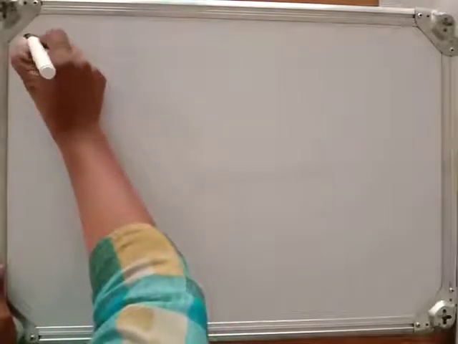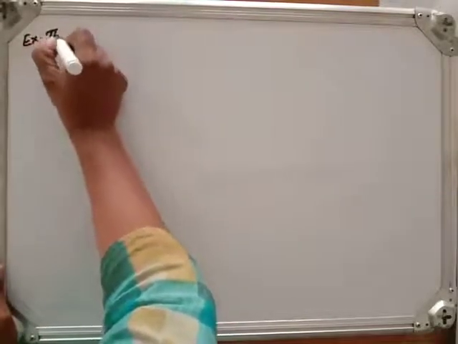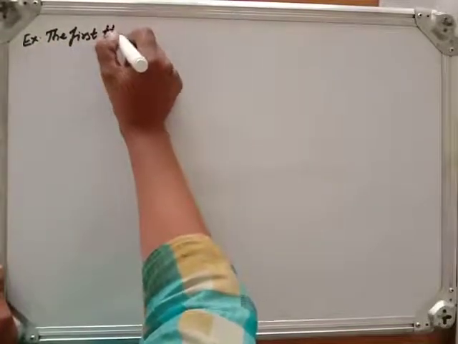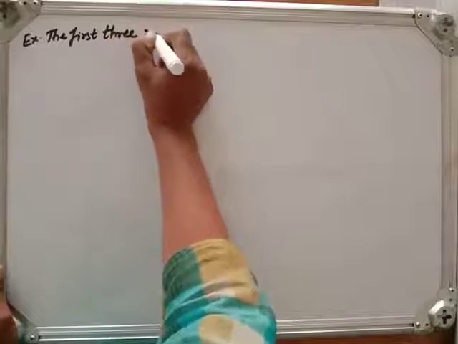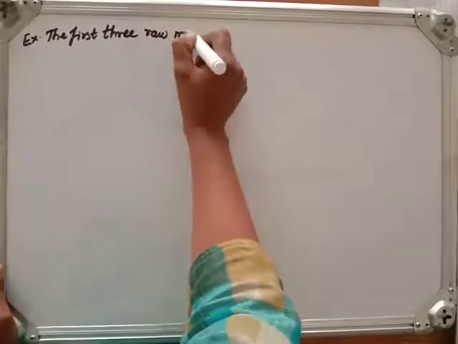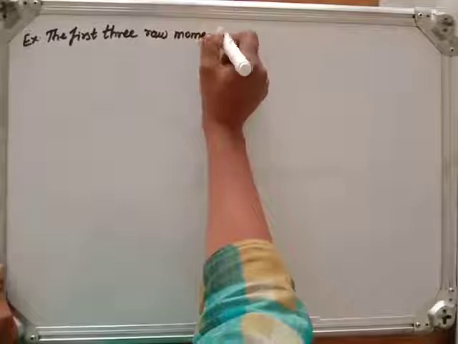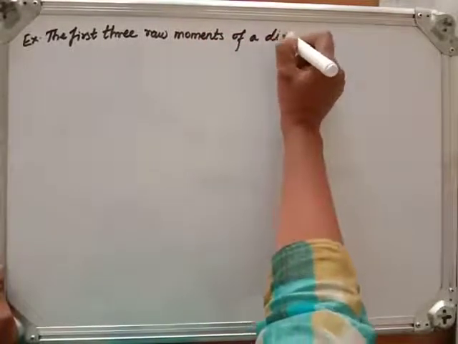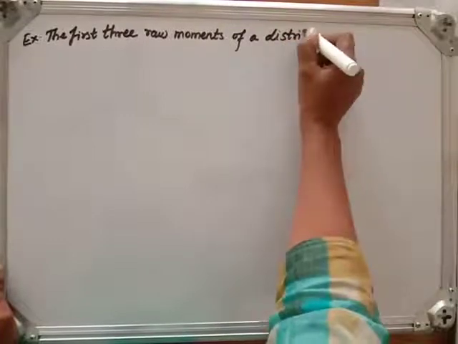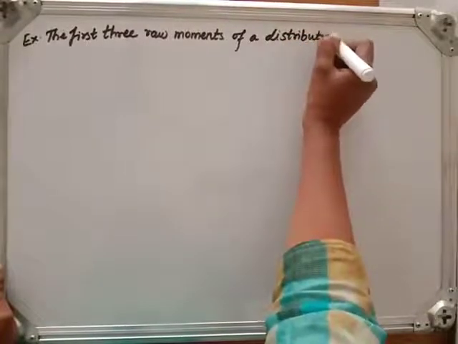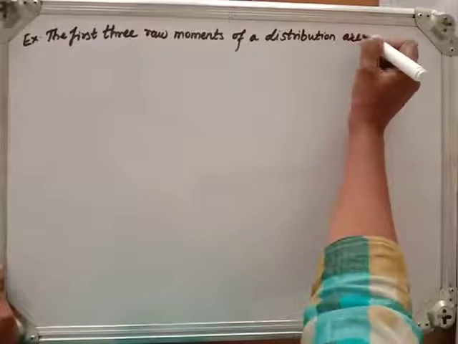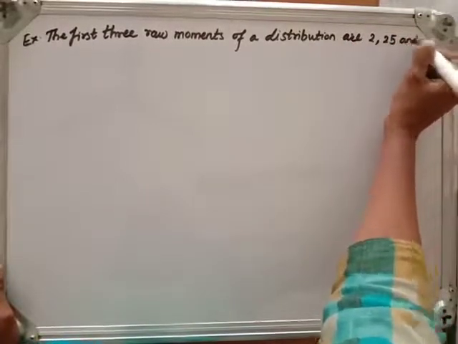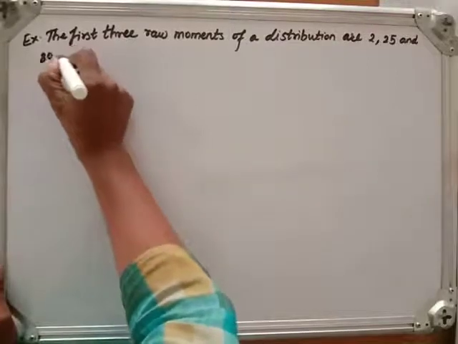So our next example will be: the first three raw moments of a distribution are 2, 25 and 80 respectively.